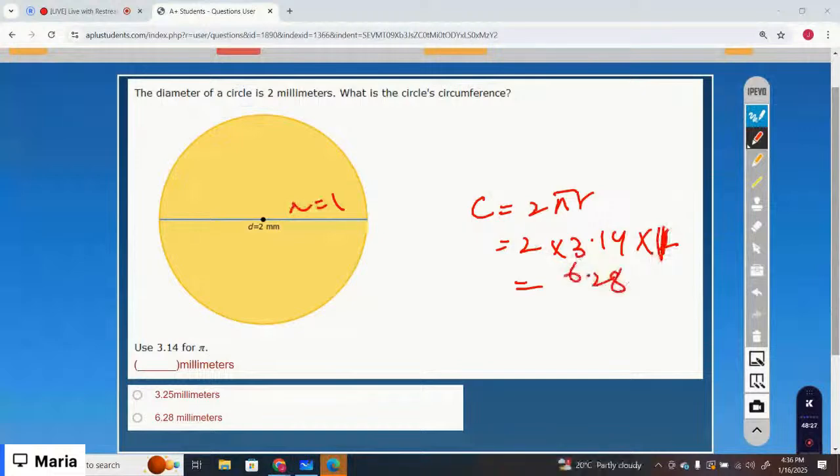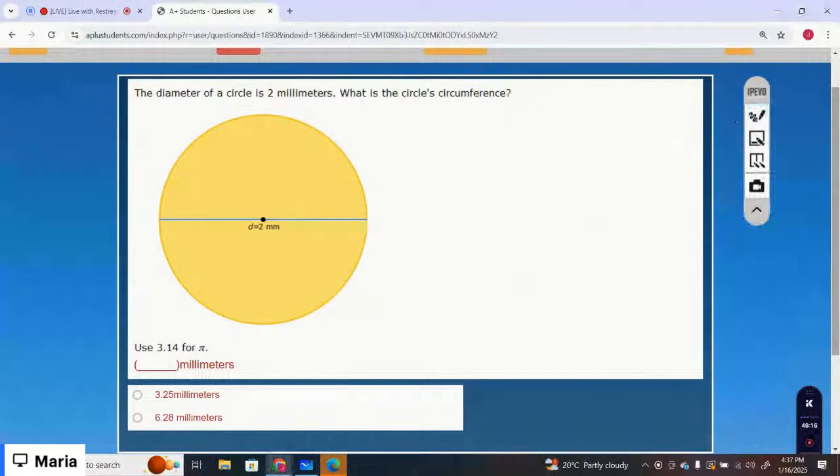That is 2 times 3.14 times 1, which is 6.28. The correct option is 6.28. Option number 2 is the correct option.